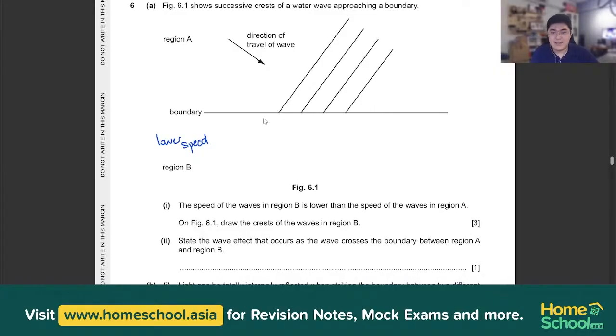Then the waves should bend. So it goes this way originally. It should bend down this way in terms of its direction. So our resultant wave that we've drawn should look something a bit like this.